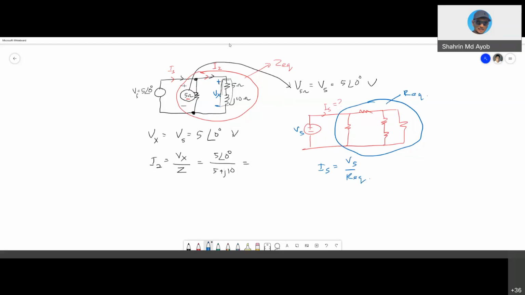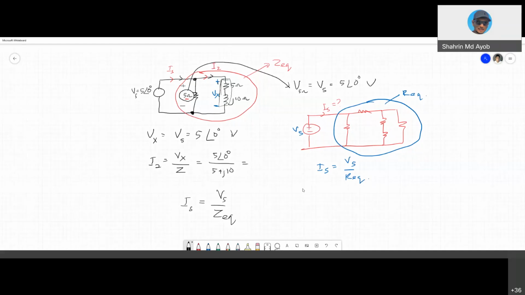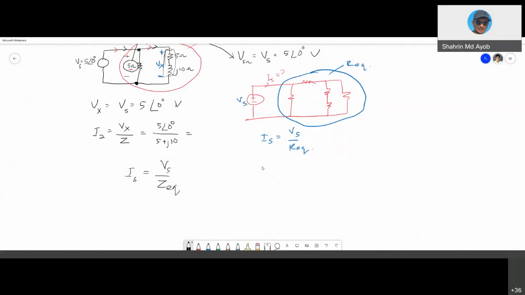The same thing can be applied in this circuit, meaning that your IS is your Vs over Z. Right now it is Z equivalent because it is a combination of resistor and also reactance. So what you need to do is to get the Z equivalent, seen from this point.